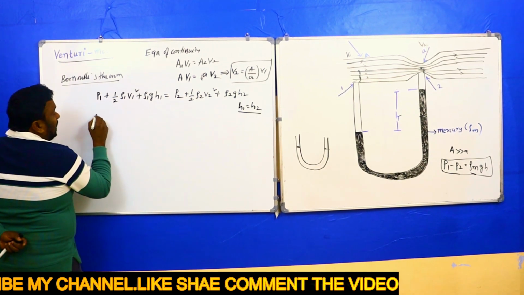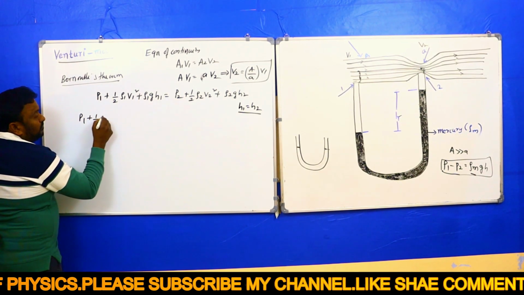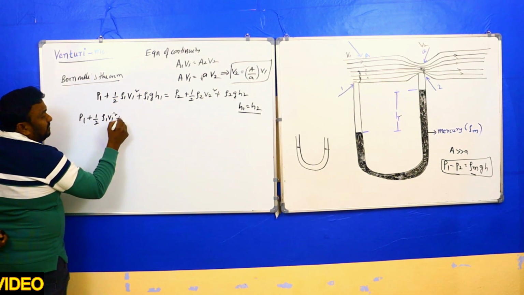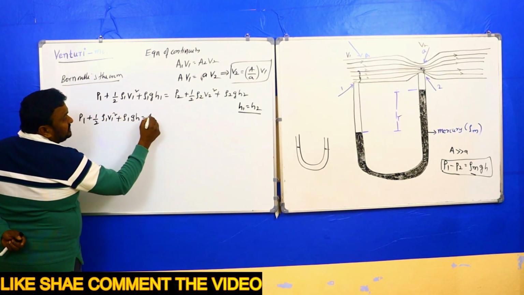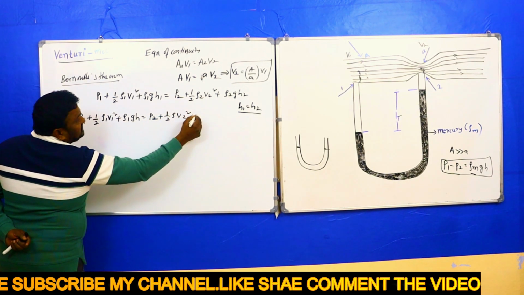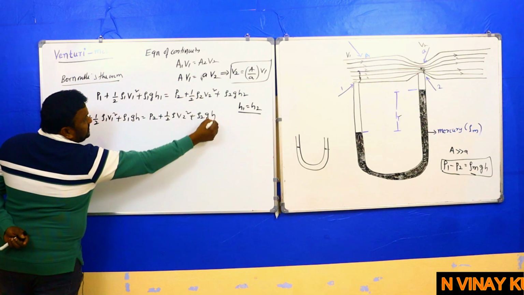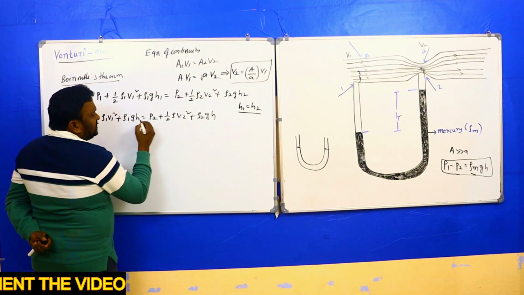That's why here I am going to write P1 + (1/2) rho1 V1² + rho1 g h = P2 + (1/2) rho V2² + rho2 g h. Clear? So we can write h1 is equal to h2, water maybe.